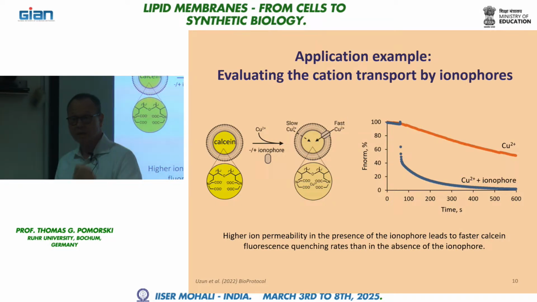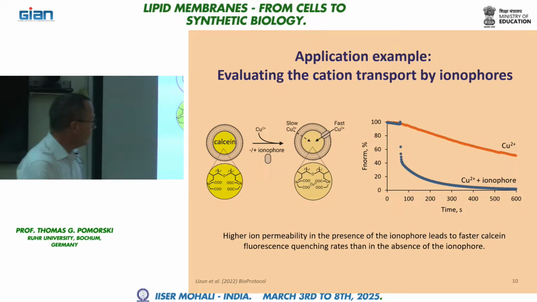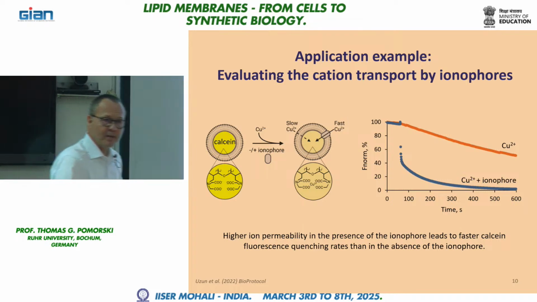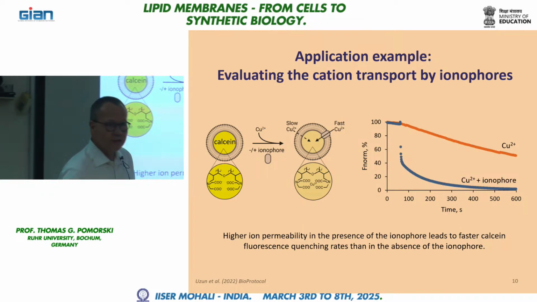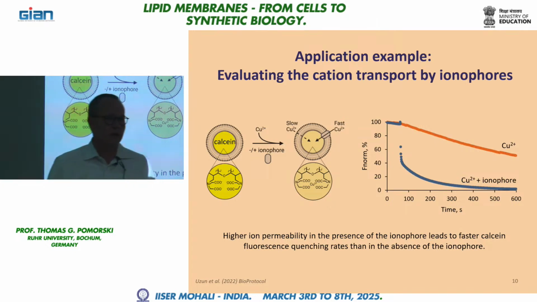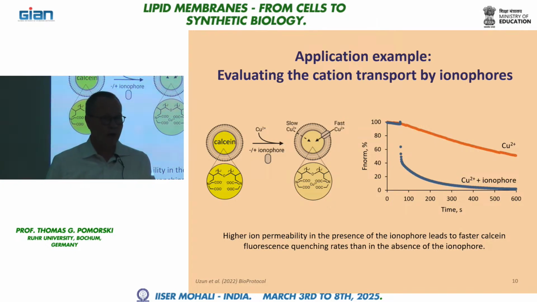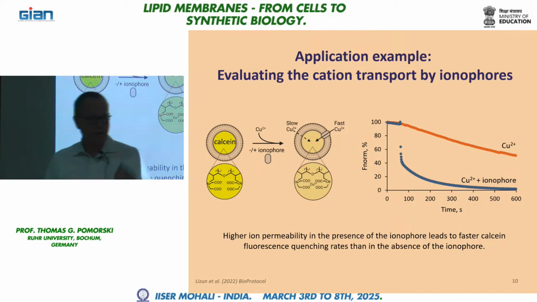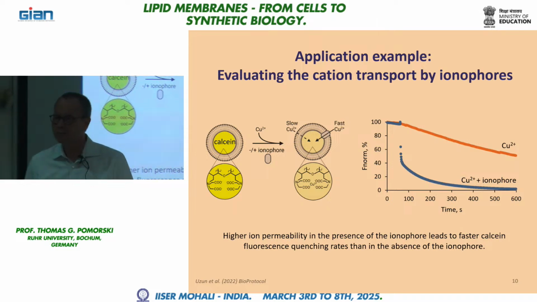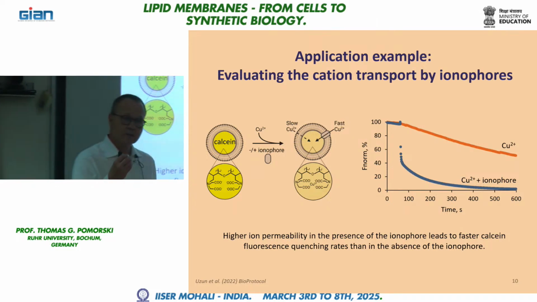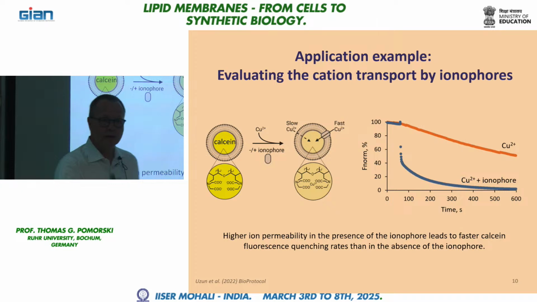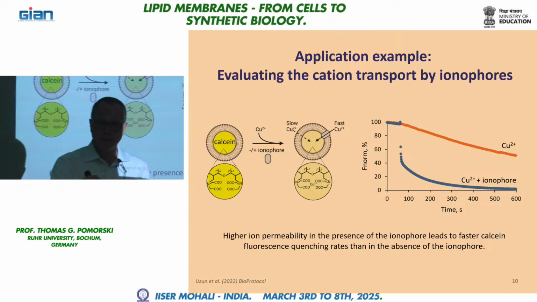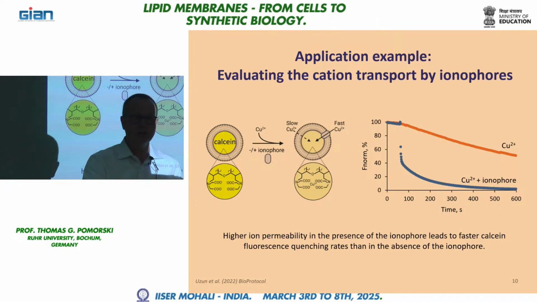So why could this be interesting? The group that we have worked with was interested in these ionophores. Because you know that antibiotic resistance is a serious problem, and that we are running out more and more of antibiotics against bacteria. But bacteria are, for instance, very sensitive to calcium. So if you have a particular ionophore that would allow ions to pass, then you would have another way of treatment.